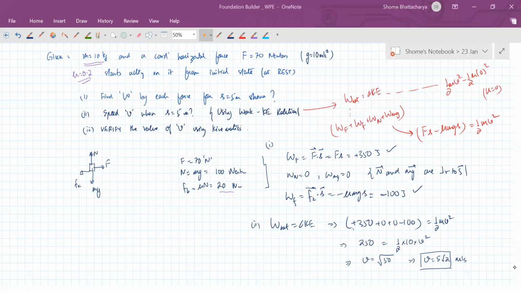Okay, good. So we are getting the same value of v from the kinematics method.